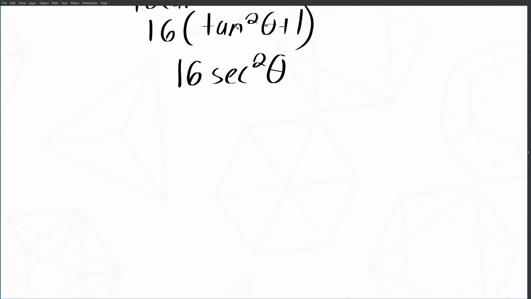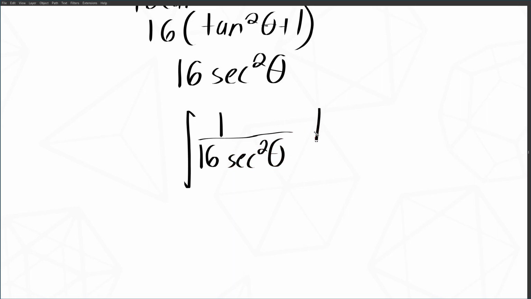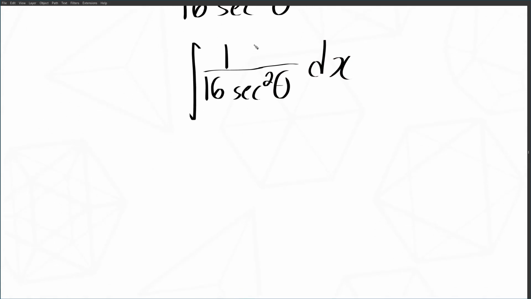Okay, great. So what does this mean for our integral? Okay, and this turns into 1 over 16 times 1 over secant squared, which is going to be cosine squared.